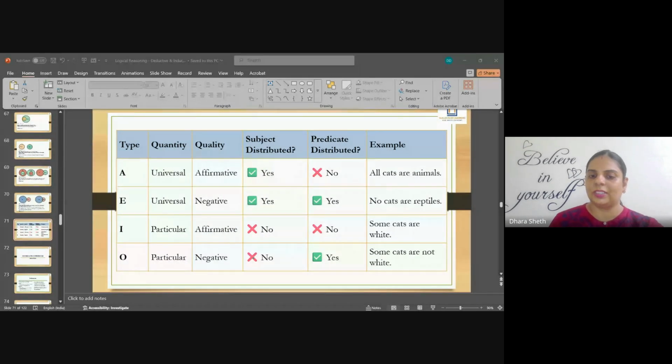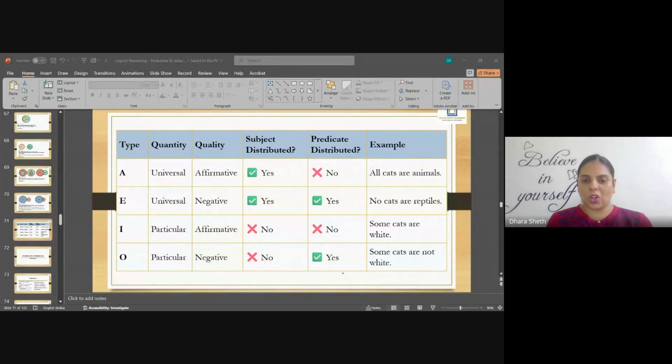Here, the subject is not distributed because we are talking only about some cats, but the predicate is distributed because we know that these non-white cats are not there in the white beings. That is A, E, I, O, and they are a basis of a lot of rules in logical reasoning syllogisms. Universal affirmative, universal negative, particular affirmative, particular negative.